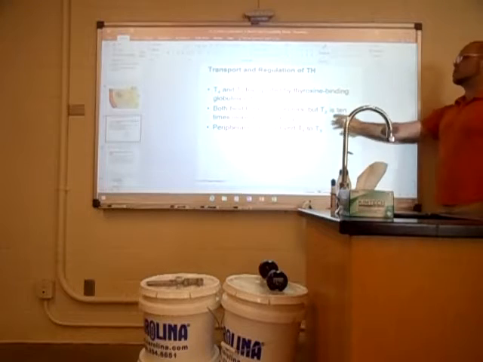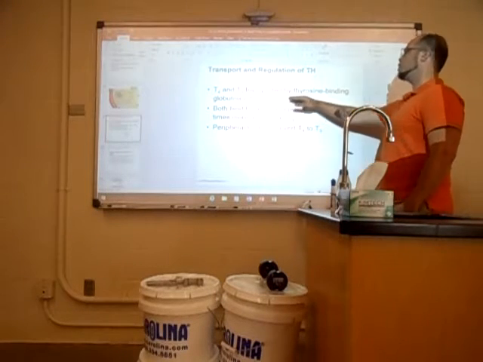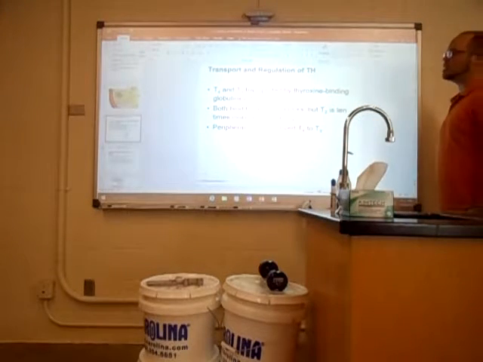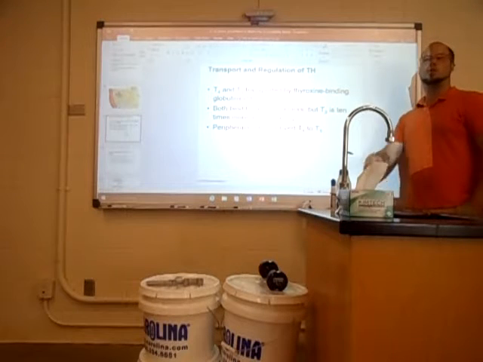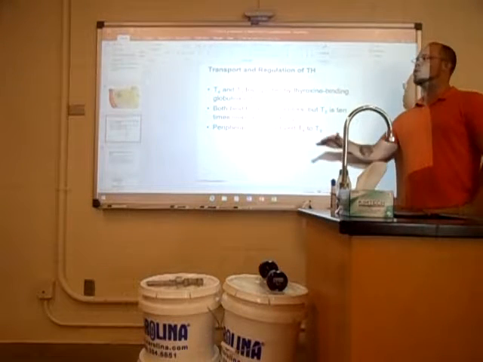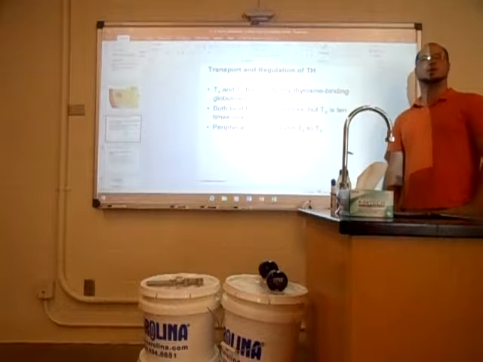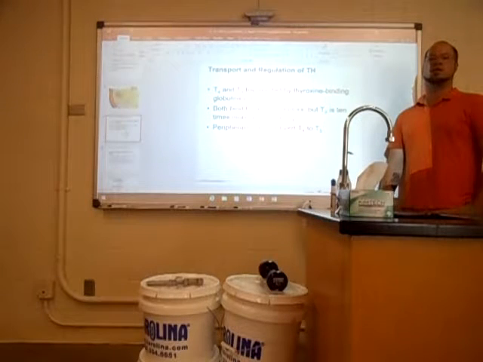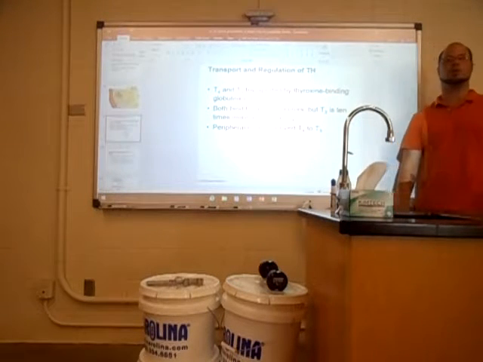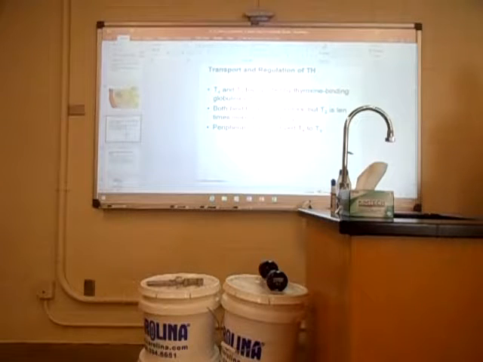And look at this first statement here. Both of them are transported by thyroxine-binding globulins. Now, we've already talked a little bit about what that is. What is the meaning of this statement here? Explain what we're reading. Yeah, it's a fat-soluble hormone.